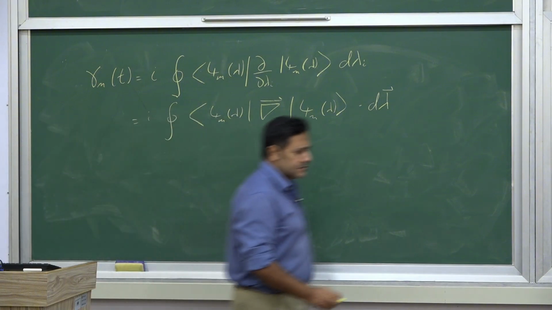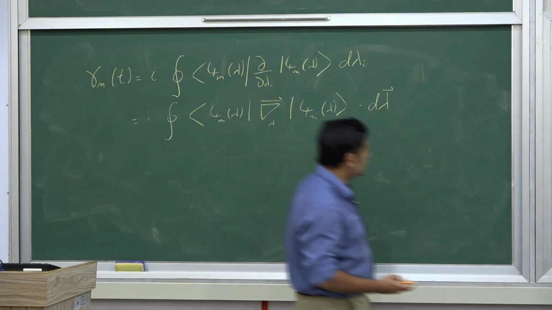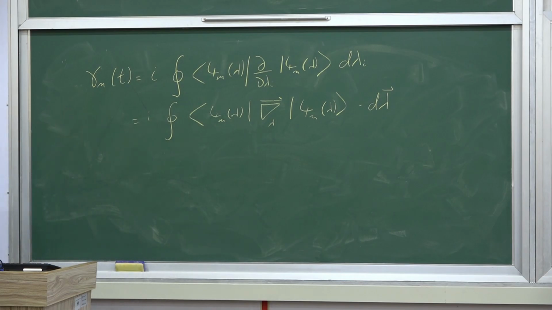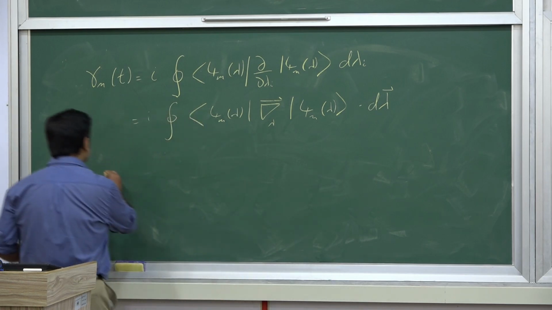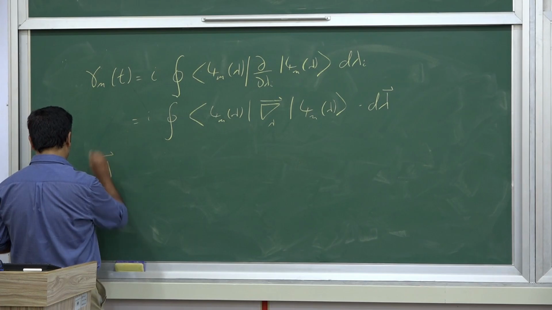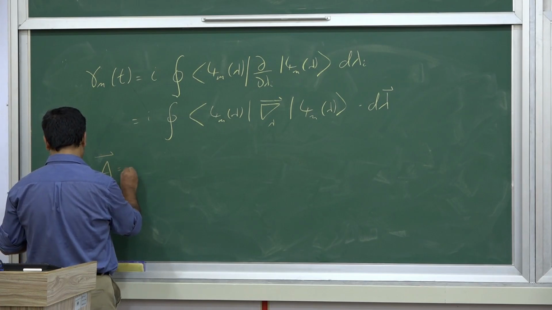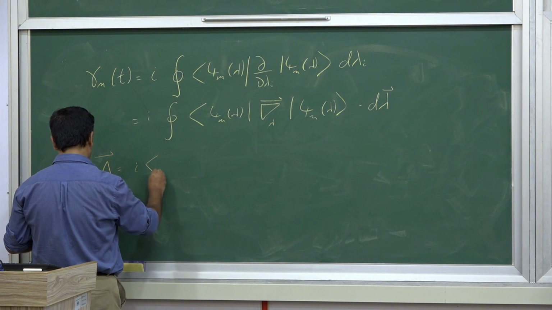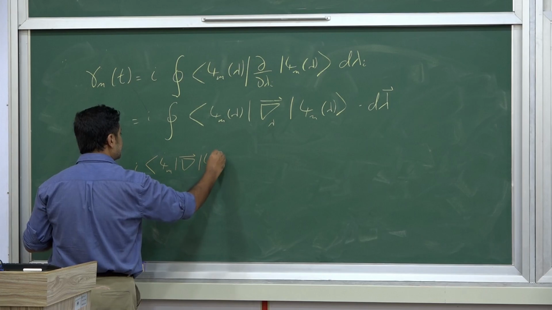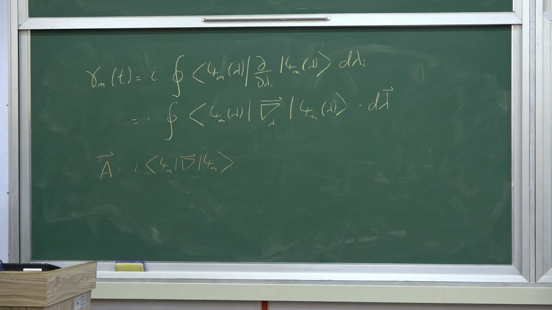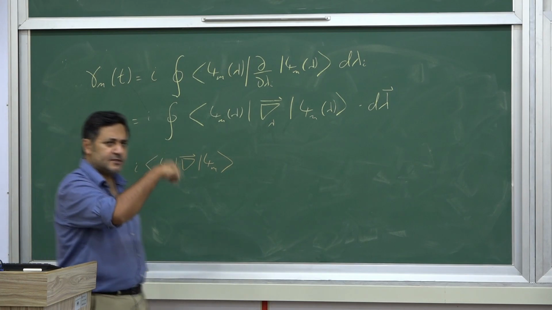Now it has quite a close analogy to the electromagnetic potential, the vector potential. So if I just call this vector, it has components in the parameter space.